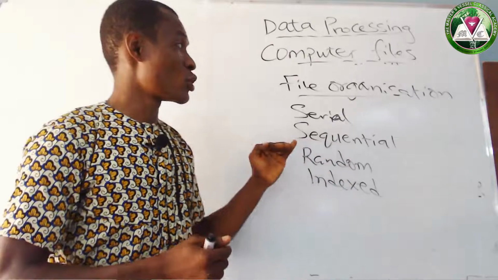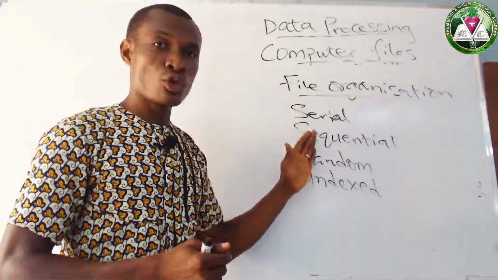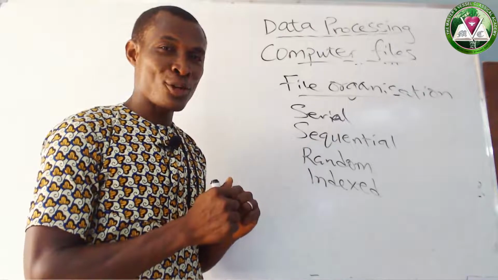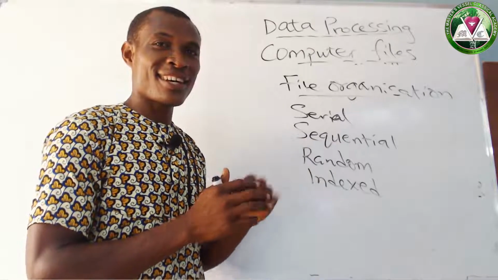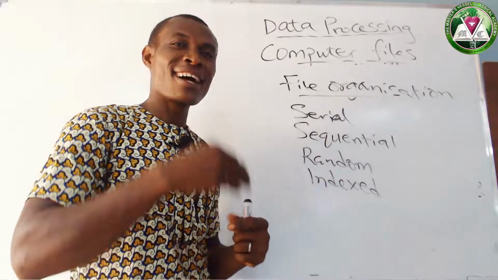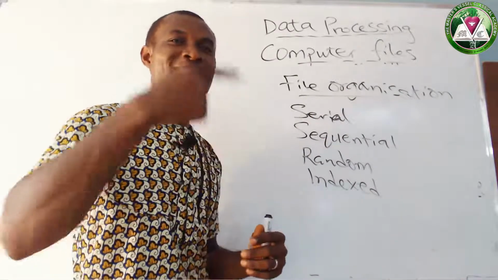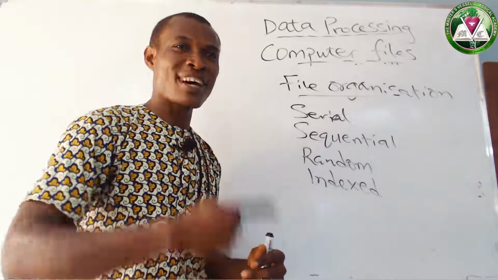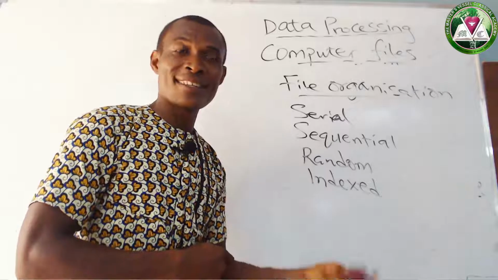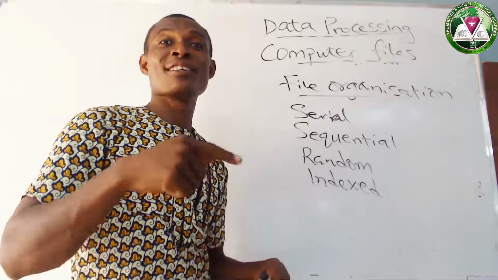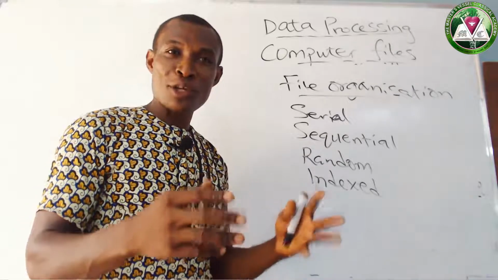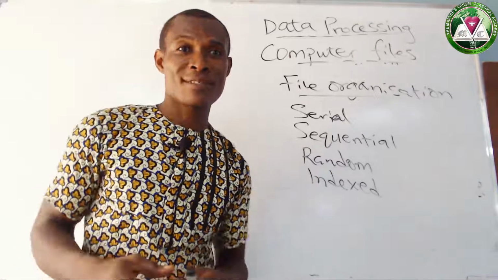I want you to go through what we've done so far. I also want to let you know that having organized your file, there are also ways of accessing computer files. Because when you store a file, you are storing it because you will access it later. Methods of accessing computer files.